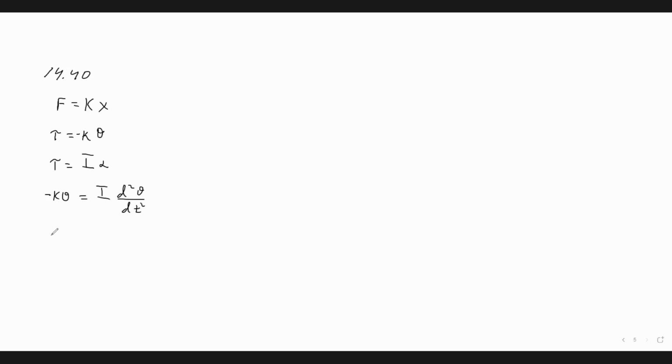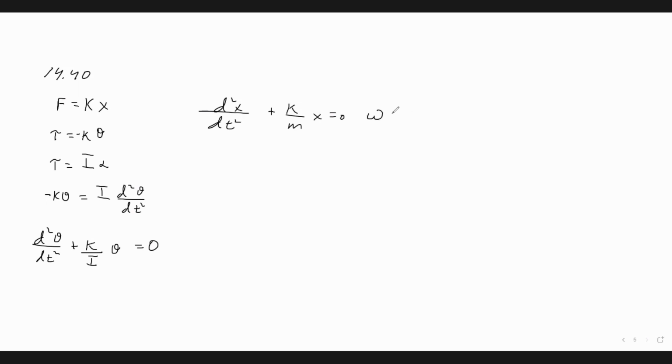So my equation of motion becomes d squared theta dt squared plus kappa over I theta equals 0. Okay, now for a mass on a spring, we have d squared x dt squared plus k over m x equals 0.